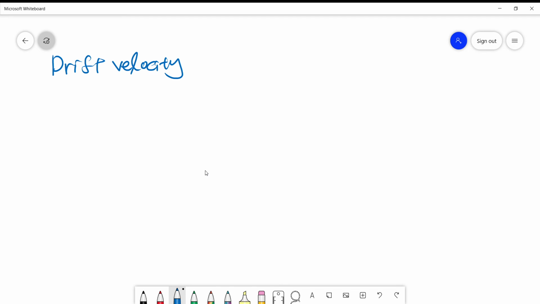We all know that the drift velocity is actually the net velocity of the electrons after colliding with the lattice atoms. So how should I describe the definition for the drift velocity?